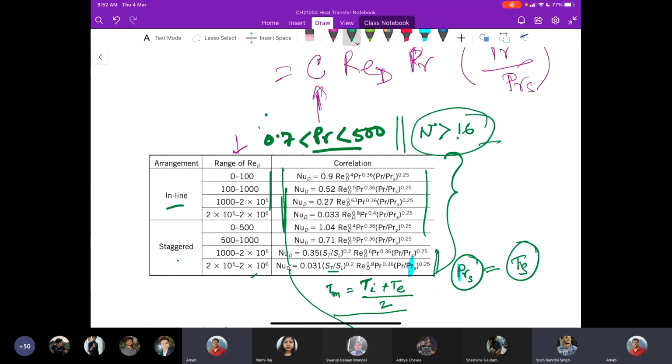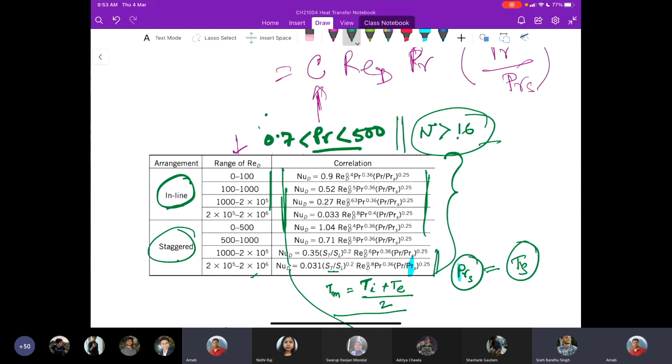Total number of tubes in the bank. You can arrange them either inline or staggered, and based on this arrangement, you would pick one of these correlations for finding the average Nusselt number. For N equal to 1, there is only one tube, a single tube, like what we have studied earlier.